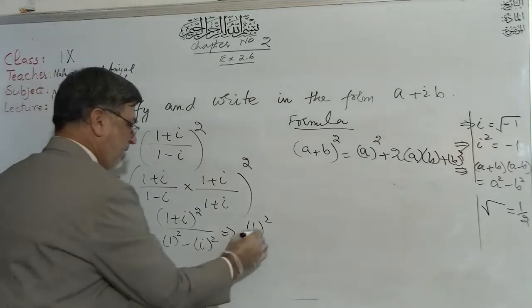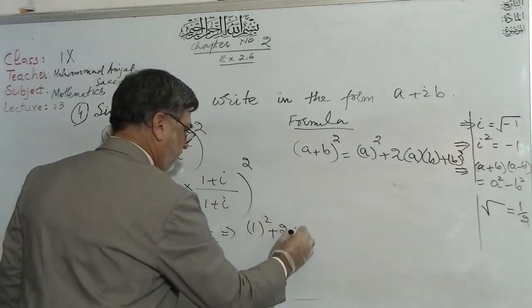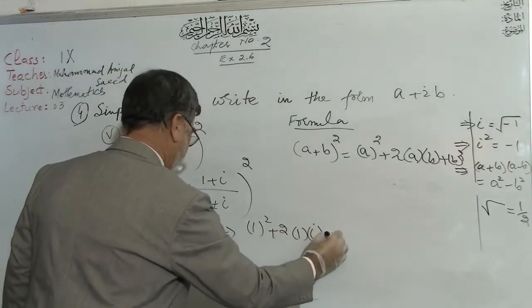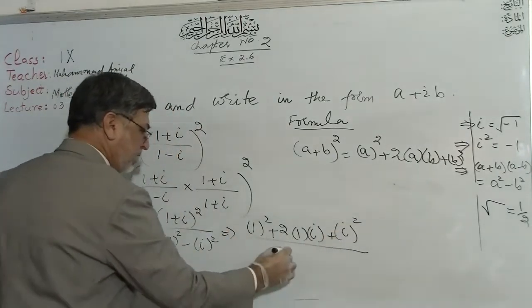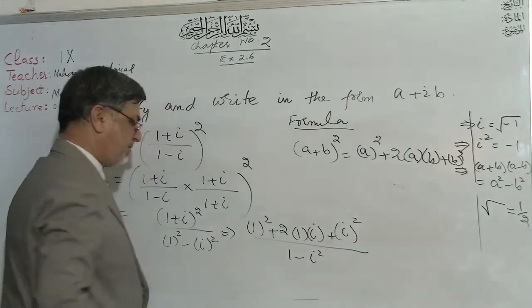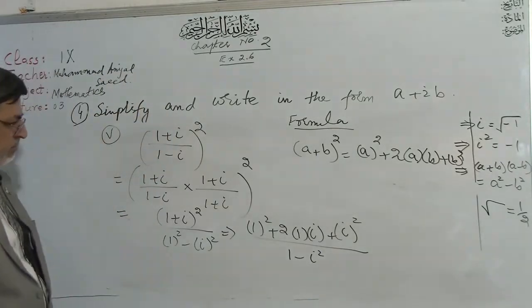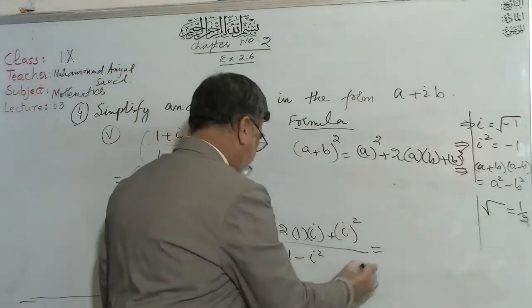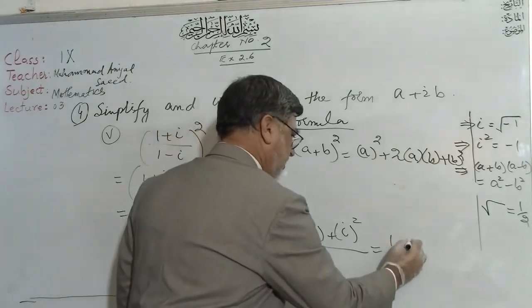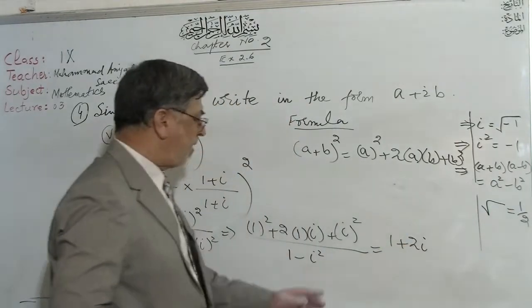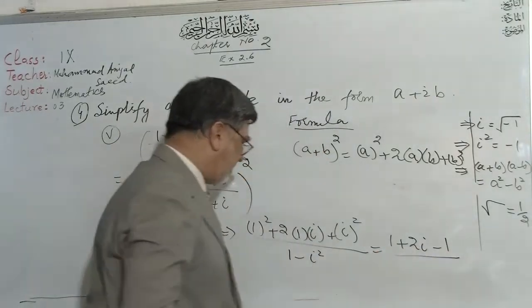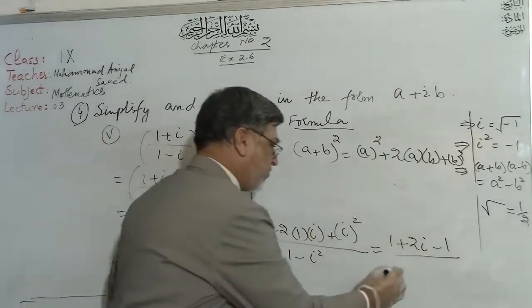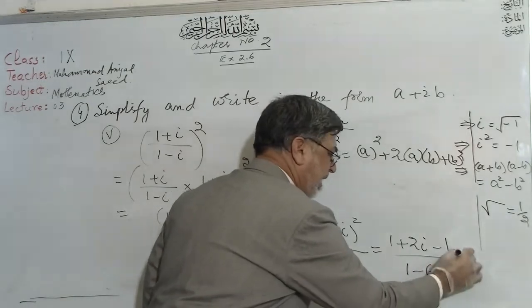So first square plus 2 into first into second plus second square, divided by 1 minus iota square. Here is 1 plus 2 iota, and remember that iota square is minus 1, divided by 1 minus iota square, which is again minus 1.